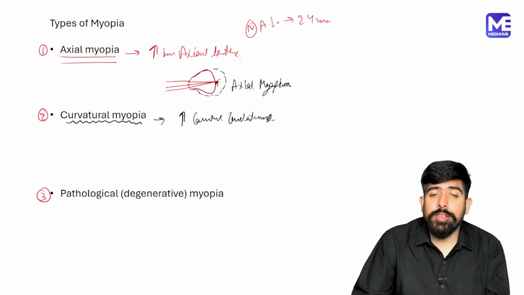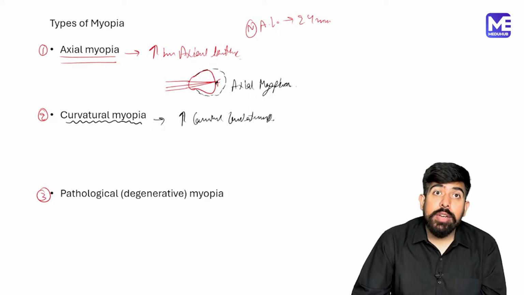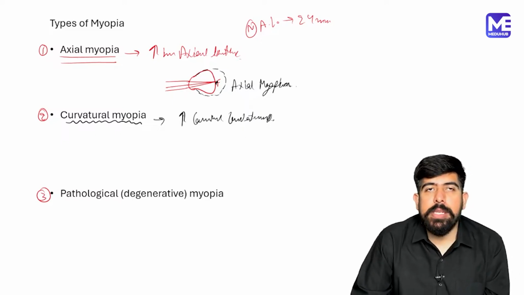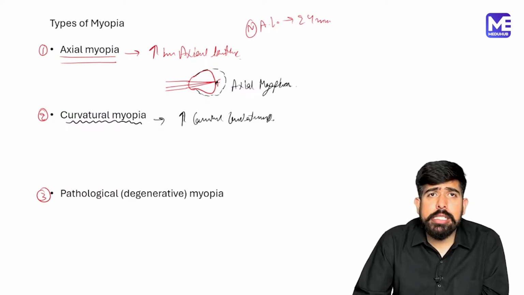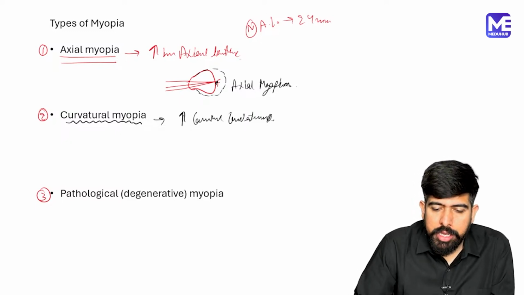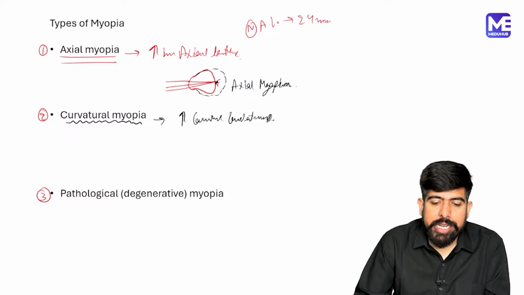When the curvature of the cornea increases, there will be an increase in the refractive power.